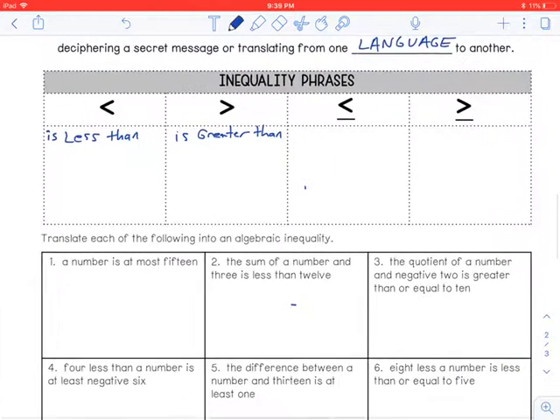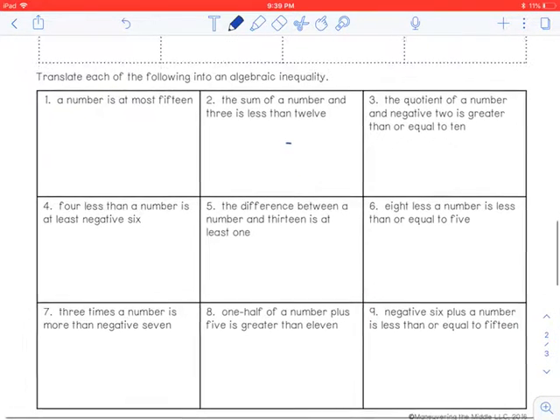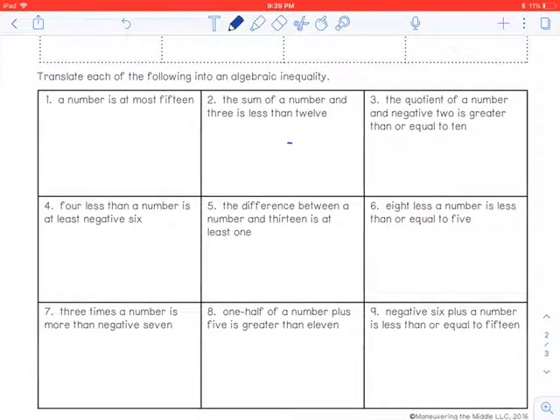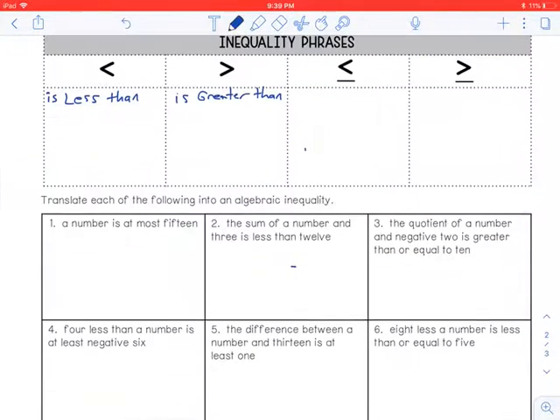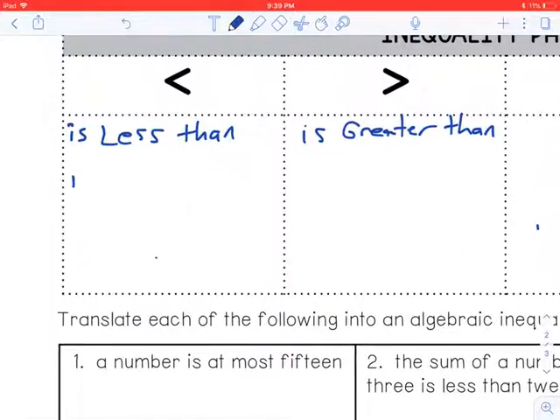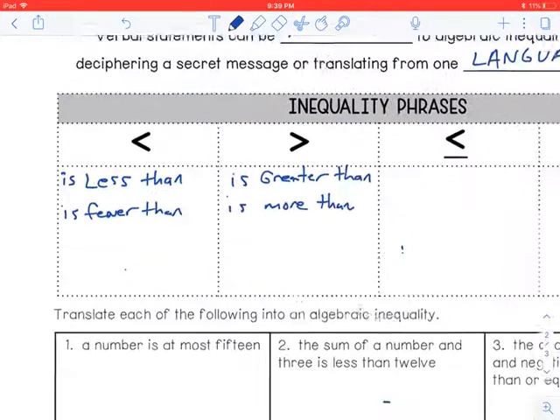What's another one? There's not a whole lot of extra ones here, but "is fewer than" would be another one, or "is more than." Those are a couple.